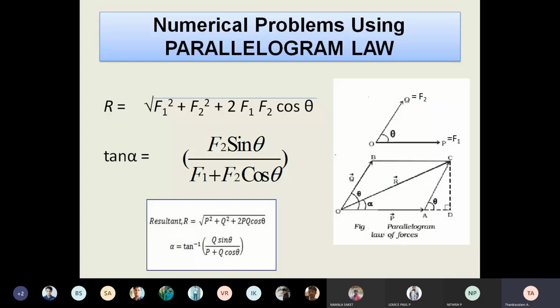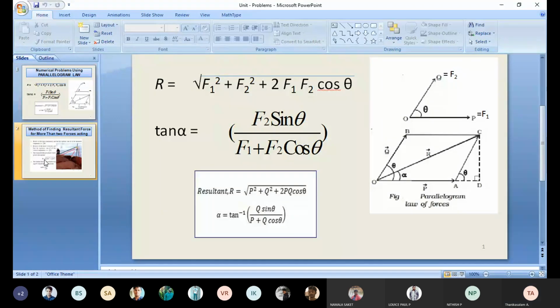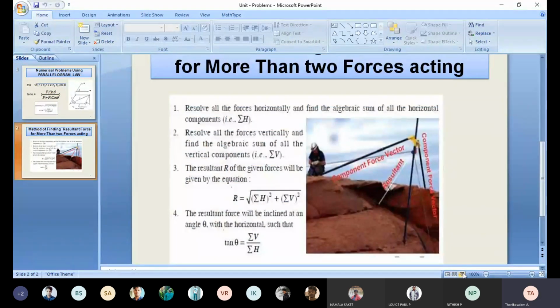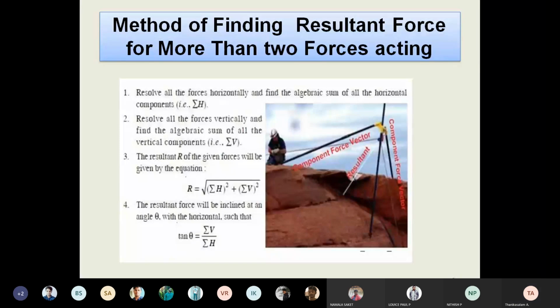If more than two forces are acting, we use the method of resolution. You have to convert all the forces; this is the resultant formula: R equals square root of summation of H squared plus summation of V squared. What is summation of H? Adding all horizontal forces acting on the body.